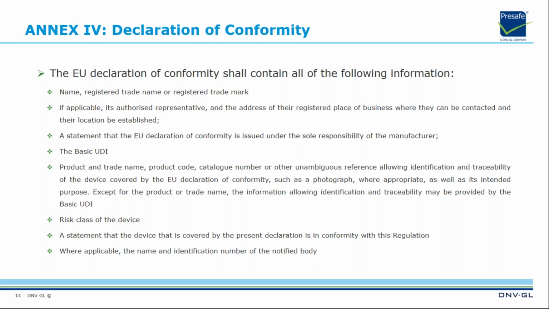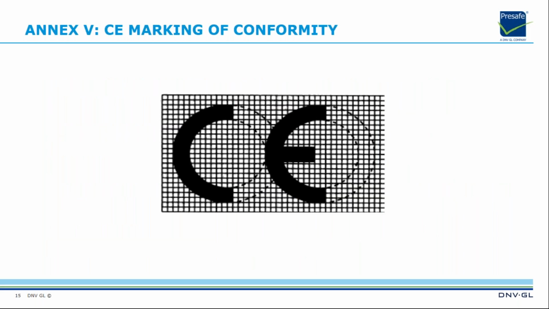The information allowing identification and traceability may be provided by the basic UDI. Also, the risk class of the device, a statement that the device covered by the present declaration is in conformity with the regulation, where applicable the name and identification number of the notified body, and some other information based on Annex 4, which is mandatory for the declaration of conformity.